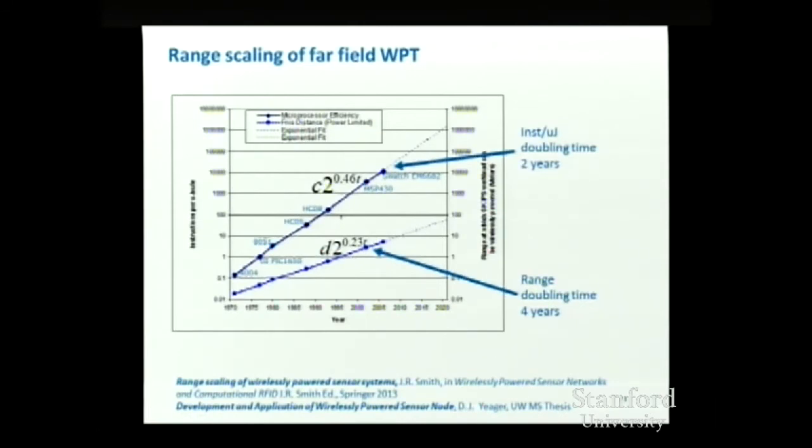But because of the 1 over r squared fall off, the slope of this range scaling curve is 1/2 of the energy efficiency curve. So this explains why, 10 or 15 years ago, people were able to start making far field UHF RFID tags. Before that, the energy efficiency wasn't there to do this.